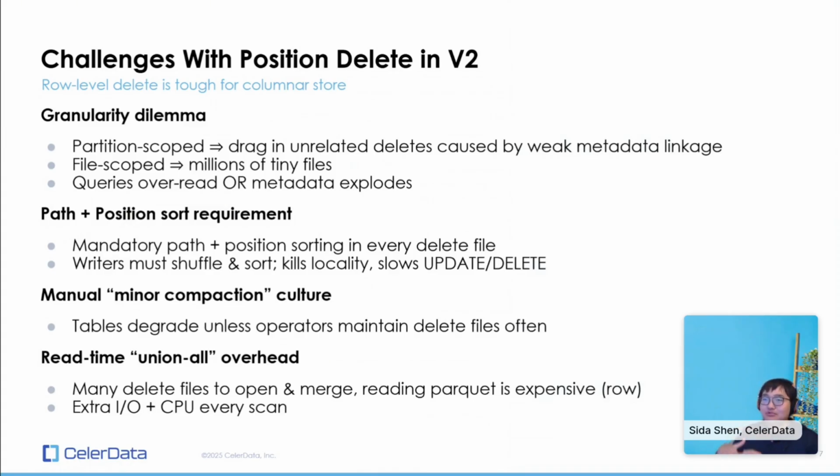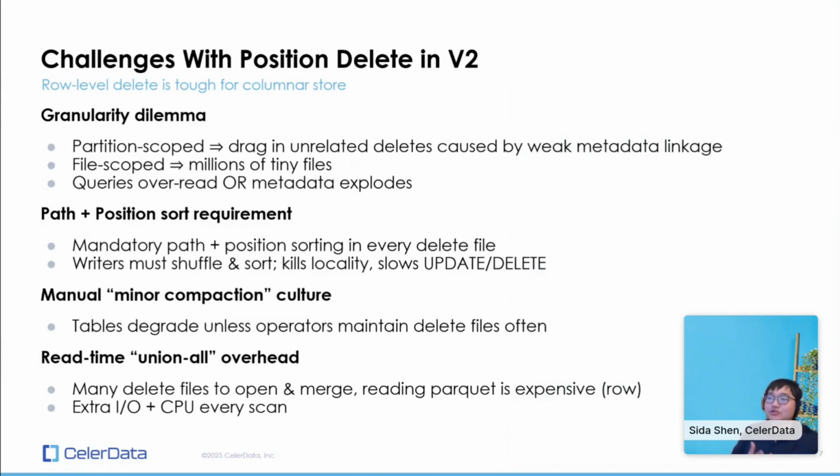So you end up reading a lot more deletion files if it's partition scope. But when it's file scoped, there are just a lot of delete files. So it's either query overread or metadata explosion. You have to pick one, and that is a huge problem for query performance. If you read too many files, you're slow, and if you have too many files, it's slow as well.